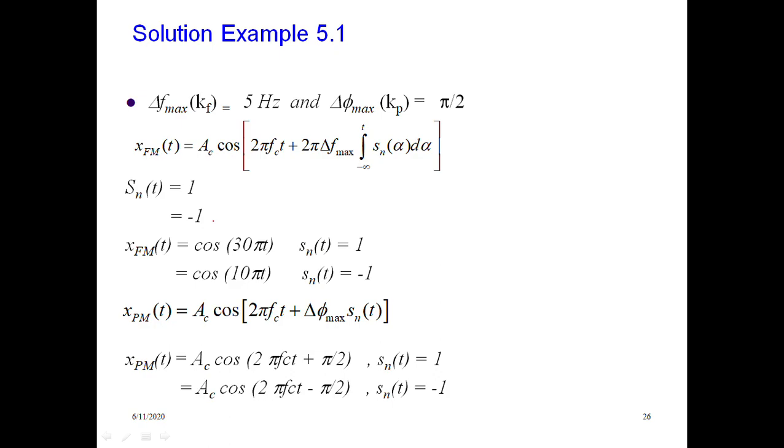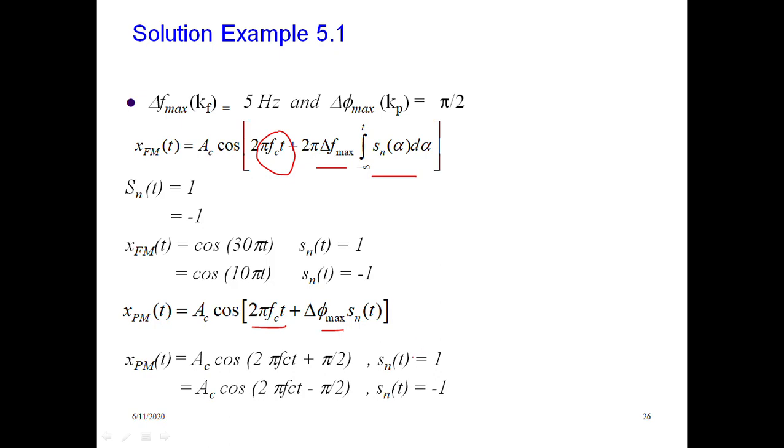Since the SN is only 1 and minus 1, the square wave value is 1 and minus 1. So for FMT, you substitute here, the FC is 10, and then this is minus 1, you integrate, delta F max is 5. And then for PM, 2 cos FCT, FC is 10, delta phi max here is pi over 2.